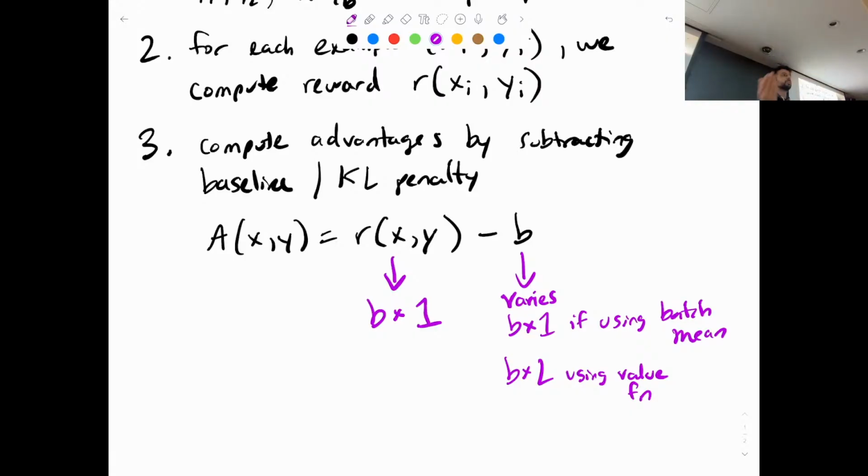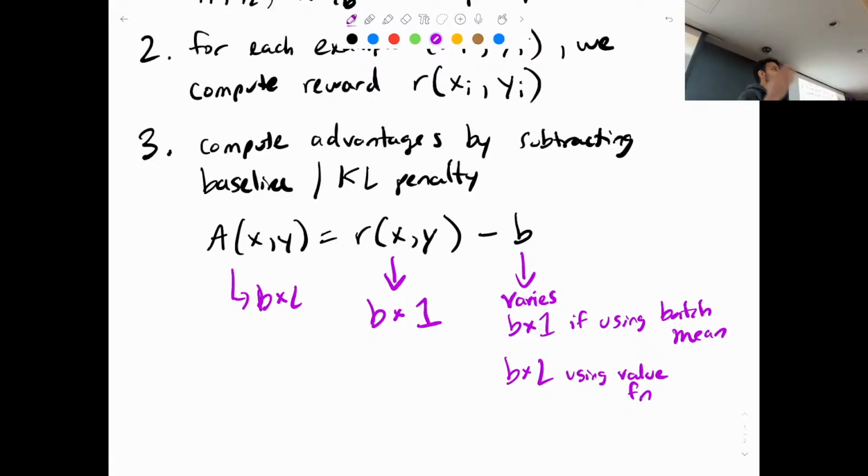So when you do this subtraction, you broadcast the sequence level reward to each of the individual token level positions. And if you were using the value function here, then your advantage will also be B times L dimensional. Does that make sense?